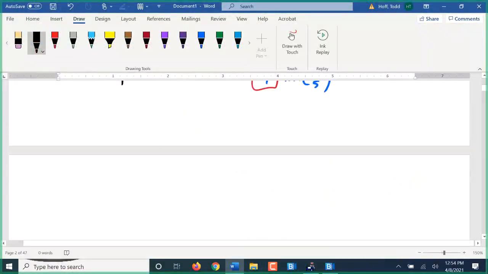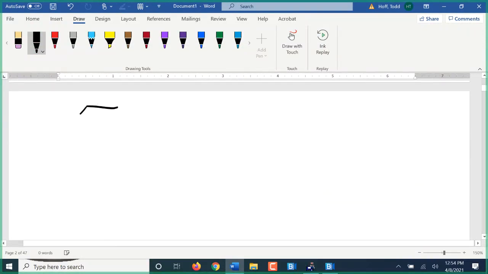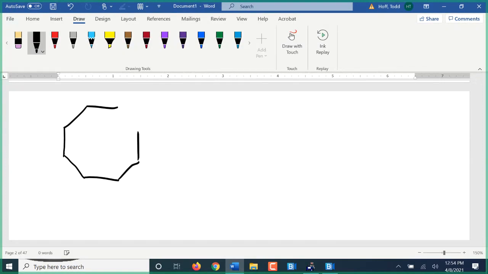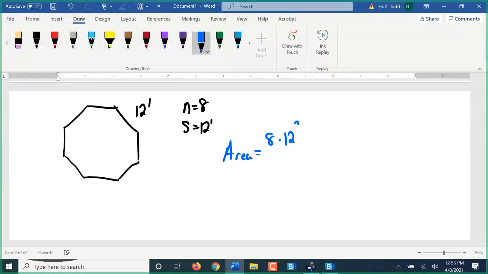Let's step it up to the area of a regular octagon. That looks regular. We're going to give it a side of 12 feet. So n equals 8 because there's 8 sides, and s, the length of our side, is 12 feet. Our formula for the area is n times the length of our side squared over 4 times the tangent of 180 over n, which is 8 again.